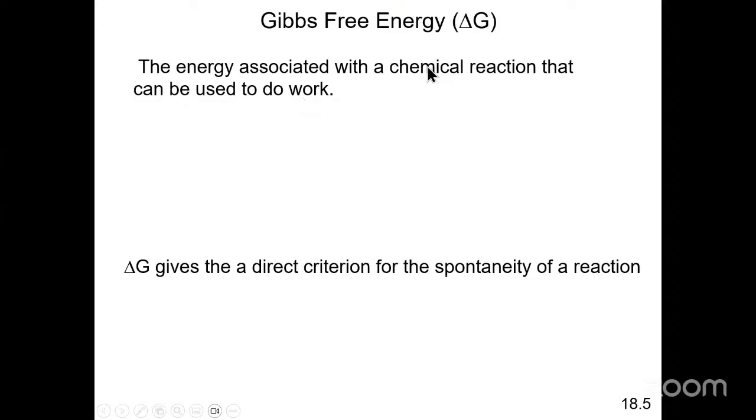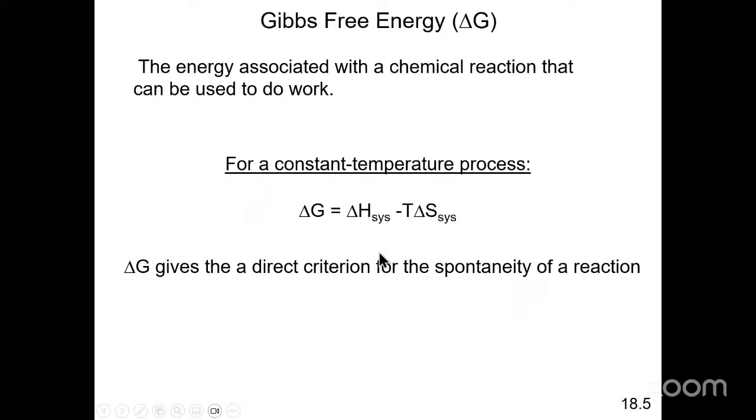Now, the actual definition of the Gibbs free energy is the energy associated with a chemical reaction that can be used to do work. And it turns out that the Gibbs free energy is related to both enthalpy and entropy according to this equation right here, right? Delta G for a system, which is the free energy change of the system, is equal to the enthalpy change of the system minus T times the entropy change of the system, all right?